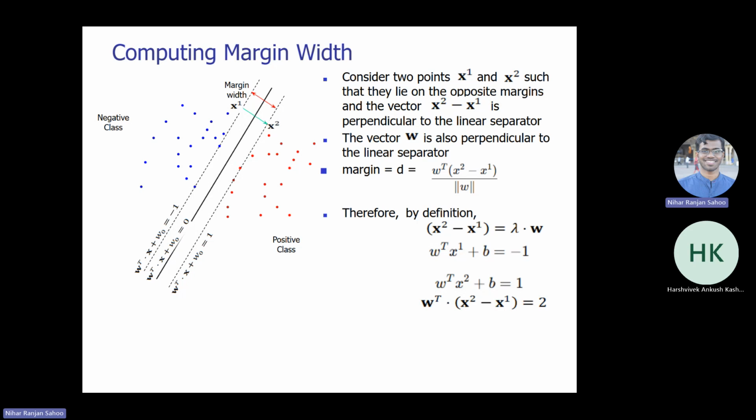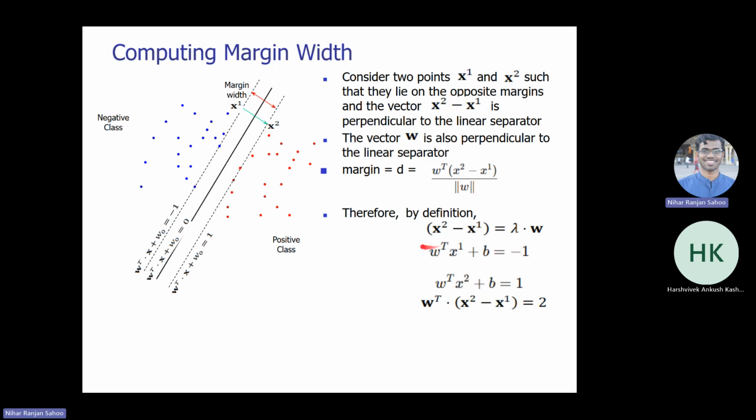If you multiply W transpose with x2, the point on the x2 class gets projected onto W. This unrolls into W transpose x2 minus W transpose x1 over norm of W. So this gives us this point, and this gives us this point. Now you find the distance. The idea is to maximize this margin. The distance we computed between these two points is also parallel to W. We use that idea to find the optimal W.